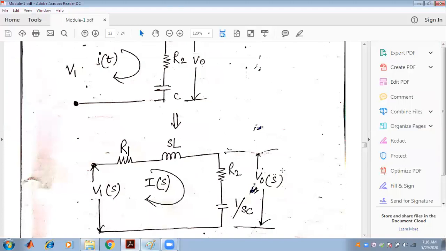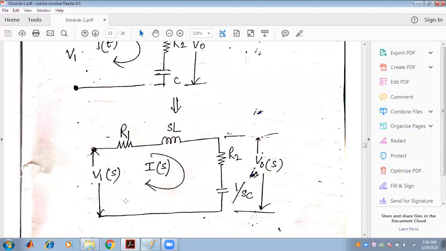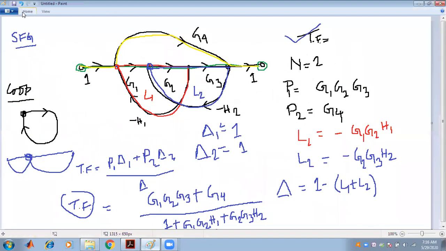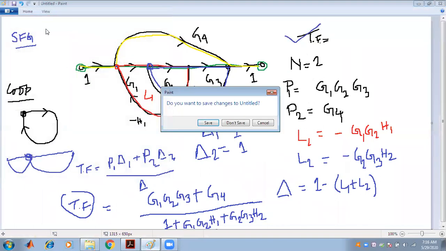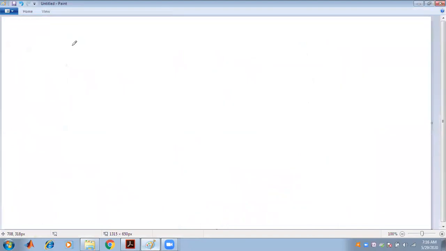The voltage across this is V0, the input voltage is Vi or V1, and the current is Is.